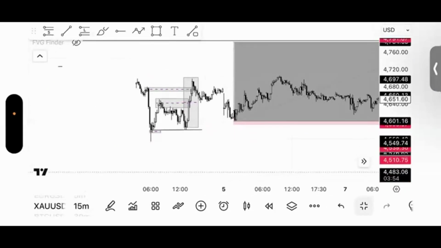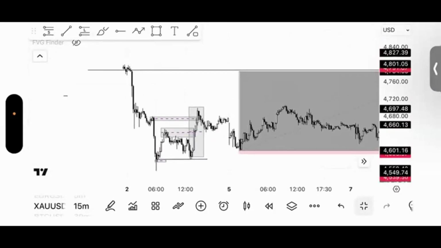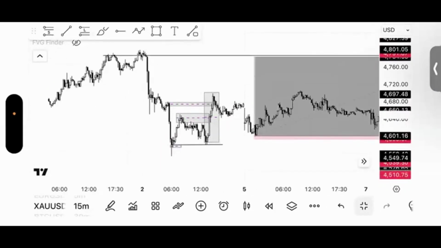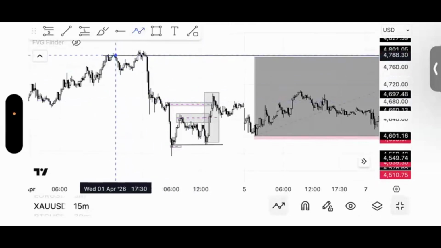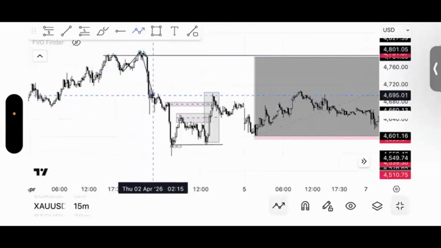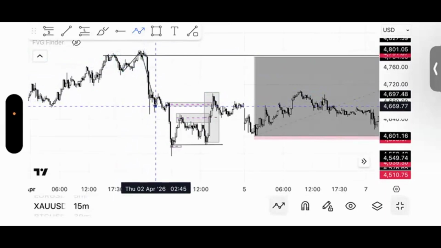So this is also break and test. So what do we have here? A low, a low, that low.